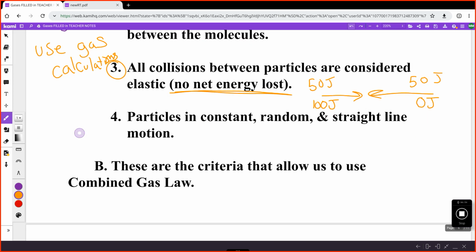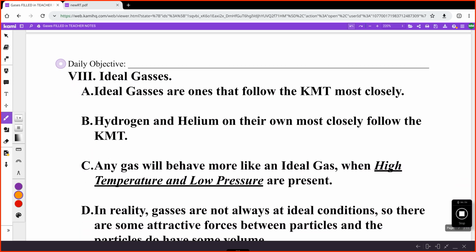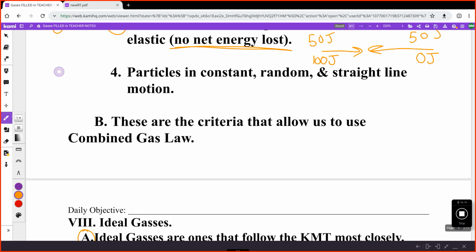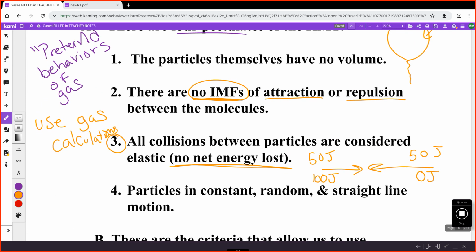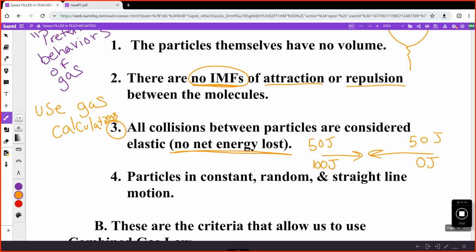Now, with that said, we're going to just quickly talk about an ideal gas. So an ideal gas is one that follows the kinetic molecular theory most closely. Meaning an ideal gas pretty much has no volume, pretty much has no intermolecular forces, will have collisions that don't lose energy, will have particles traveling in a constant random straight line motion.